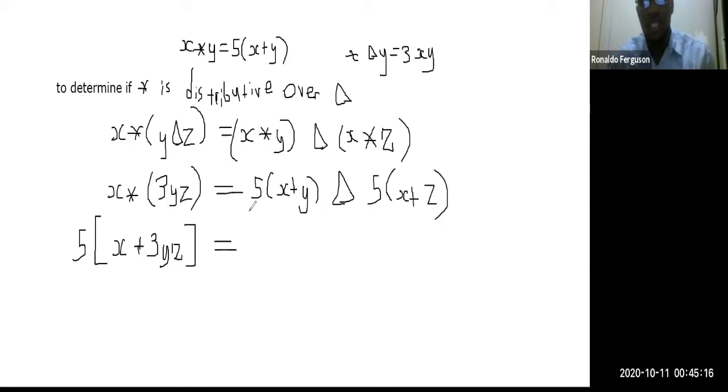So now let's have a look at what this side simplifies to be. It's going to be 3 times the product of these two numbers, so 5 times 3 times the product of 5 times x plus y.